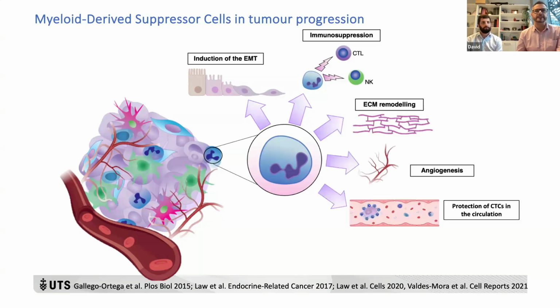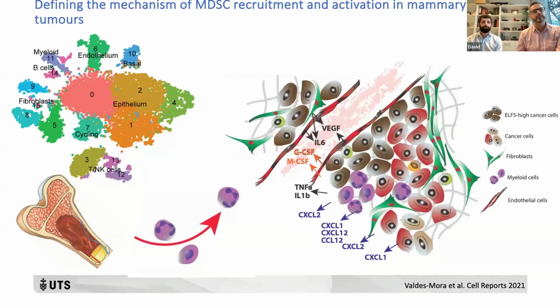They also promote angiogenesis, protect the cancer cells that are in circulation, the circulating tumor cells, and also help them to home into the premetastatic niche by promoting systemic inflammation in the secondary organs. In this case, today we're going to be talking about the lung as the secondary organ for metastatic dissemination.